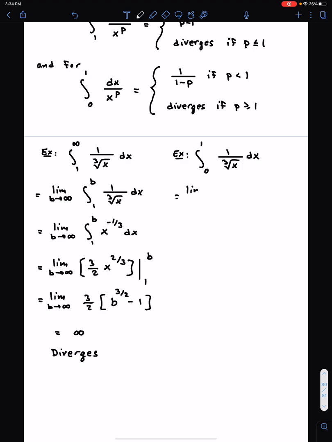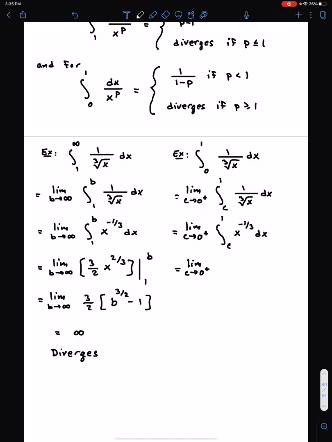This is equal to the limit as c approaches 0 from the right of the integral from c to 1 of 1 over cube root of x dx, which is the limit as c approaches 0 from the right of the integral from c to 1 of x to the negative 1/3 dx.